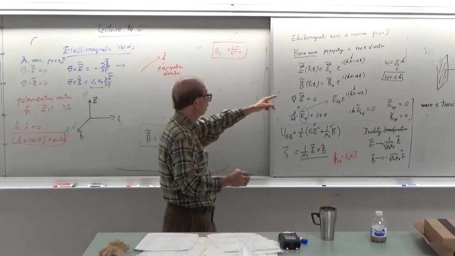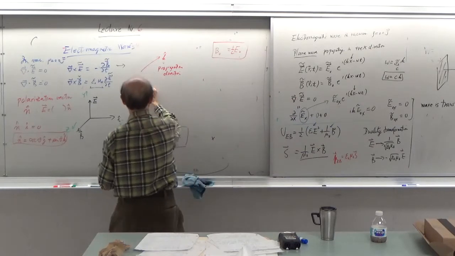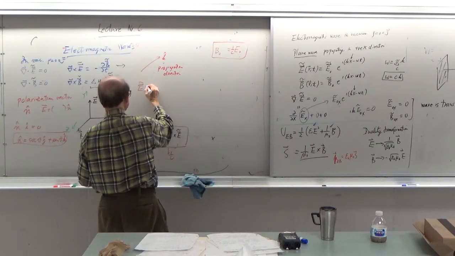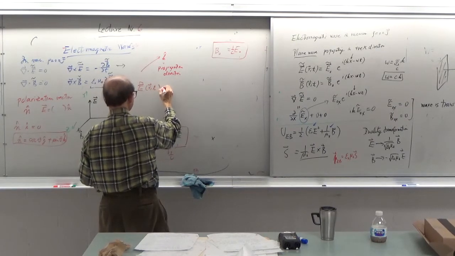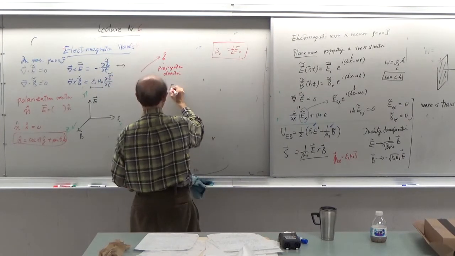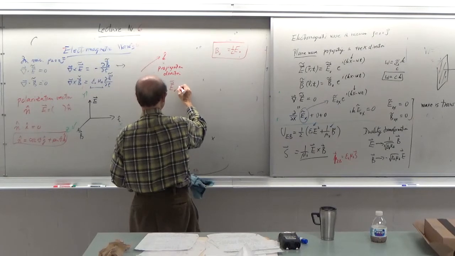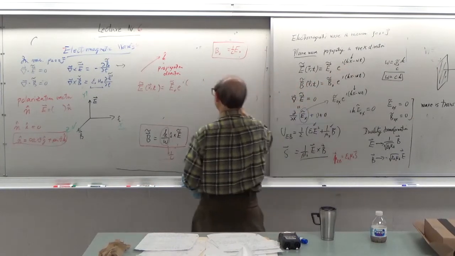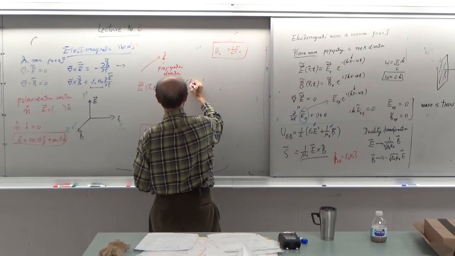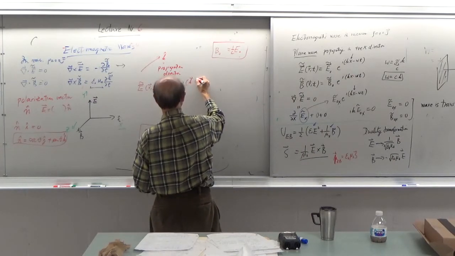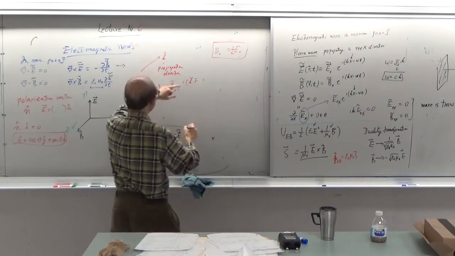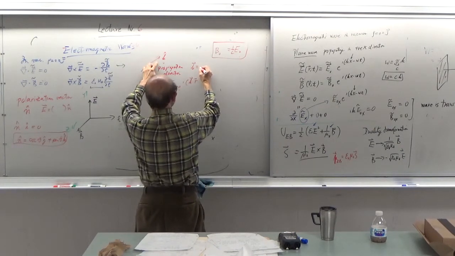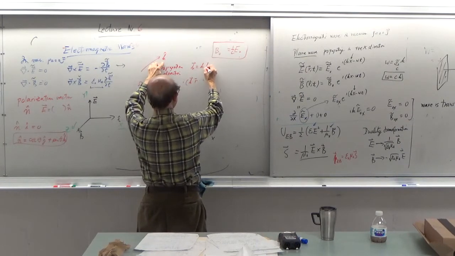Then you can write down the form for the waves, for example the electric waves, to be E naught e to the i, instead of kx, now it's k dot r, where k is given by its magnitude times this unit vector along the k direction.